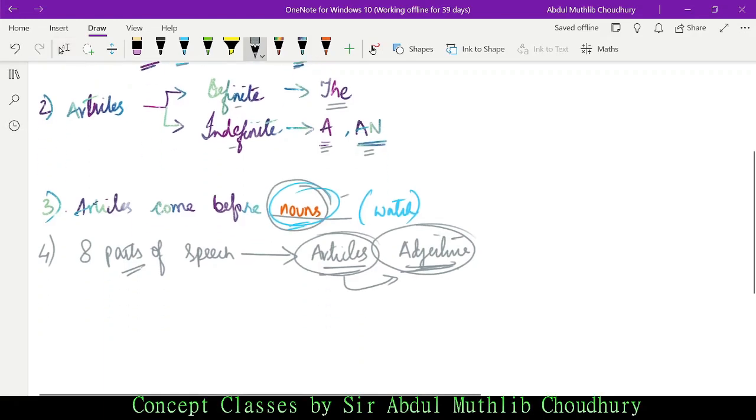Okay, and how many parts of speech are there? There are 8 parts of speech, but you must have never come across articles being a part of speech. Why? Because articles are part of adjectives. Again, what is an adjective? An adjective is a word that determines a noun, or a word that gives more information about a noun.